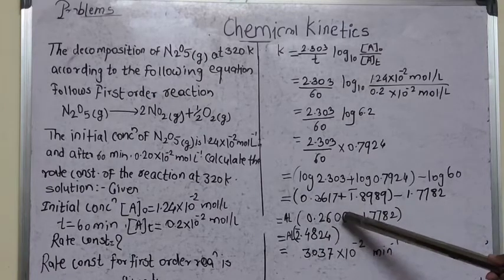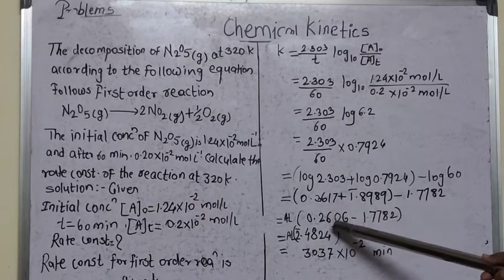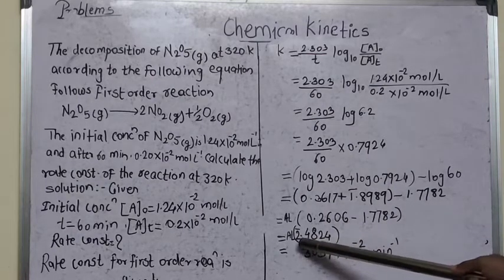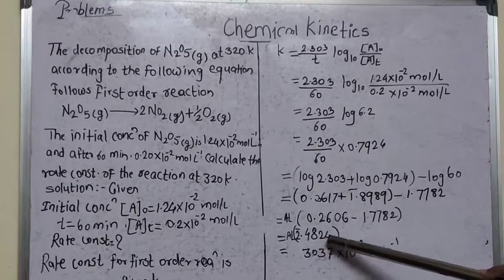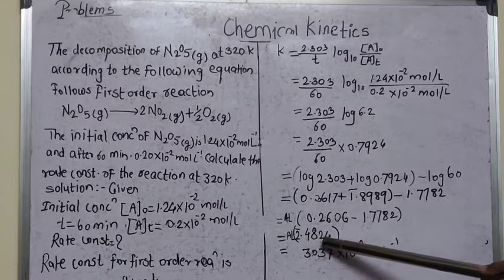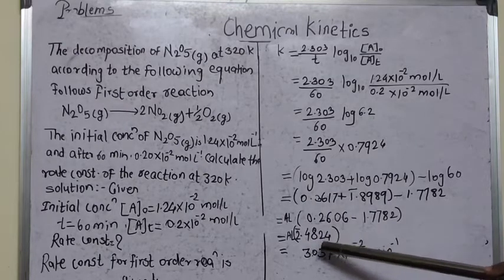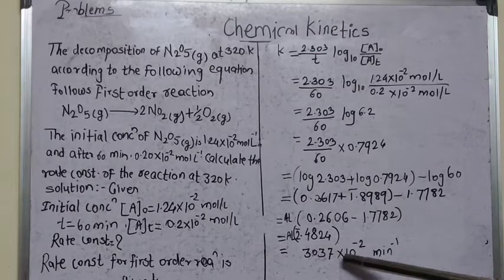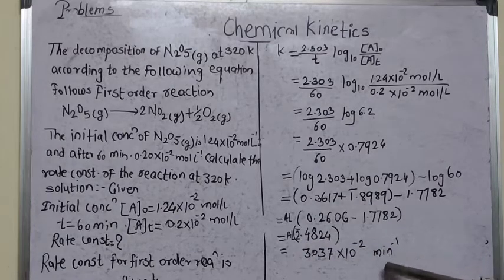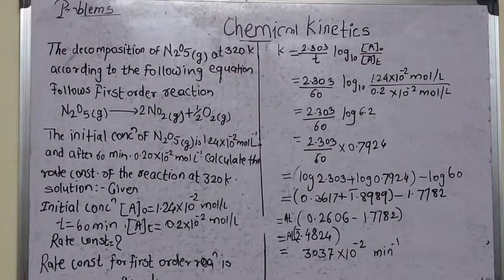So subtracting the sum, we get 0.2606 minus 1.7782, so we get bar 2.4824. Now we take the antilog of this, 0.4824. The antilog we get is 3037 into 10 to minus 2, characteristic adjusted, minute inverse. So the answer for the rate constant is K equal to 3.037 into 10 to minus 2 per minute. Okay.